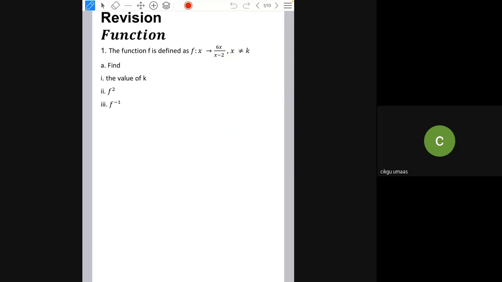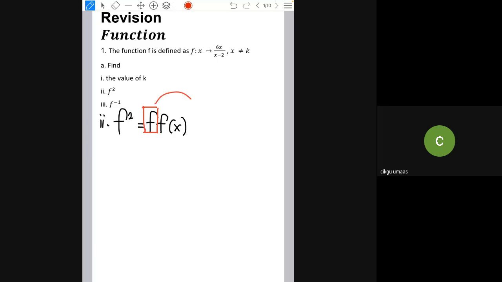Okay, let's go for the B, the Roman 3-2 now. They want me to find f squared. You know the f squared is exactly f of f(x) under the subtopic called composite function. And when I'm doing a composite function, I always start with the first alphabet.